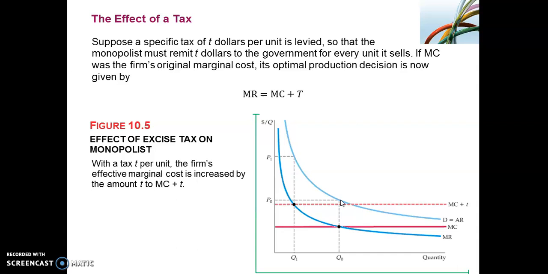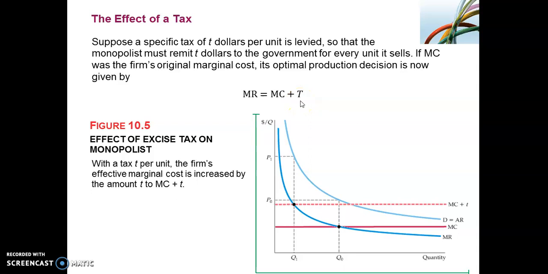Now, with a tax, the monopolist has to pay the government the tax, that could be in rands or in this example in dollars, for every unit of output that is sold. So now that condition becomes marginal revenue is equal to marginal cost plus that tax.